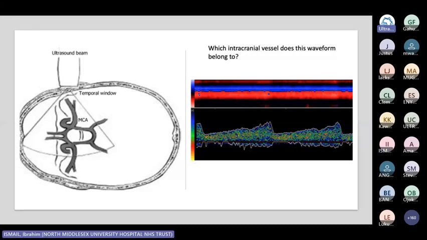Yes, MCA, and then? And then only 8% think it's the ACA. Okay. And 22% think it's the PCA. Okay. And now 3% think it's the terminal internal carotid.